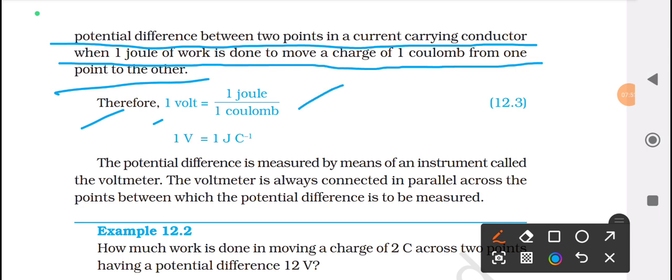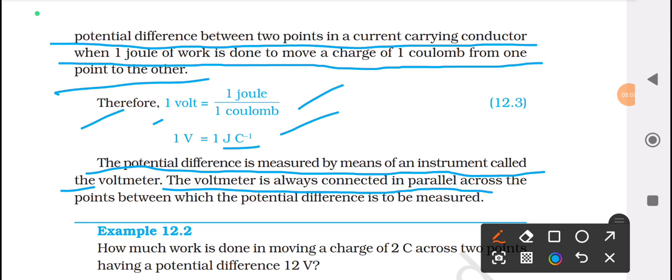Therefore, 1 volt equals 1 joule per coulomb. The potential difference is measured by means of an instrument called the voltmeter.